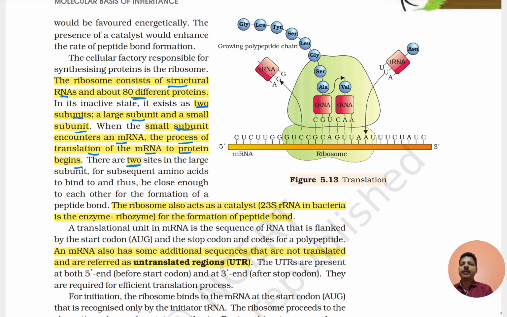There are two sites in the large subunit for subsequent amino acids to bind and thus be close enough to each other for the formation of a peptide bond. The ribosome also acts as a catalyst. 23S rRNA in bacteria is the enzyme for the formation of the peptide bond.